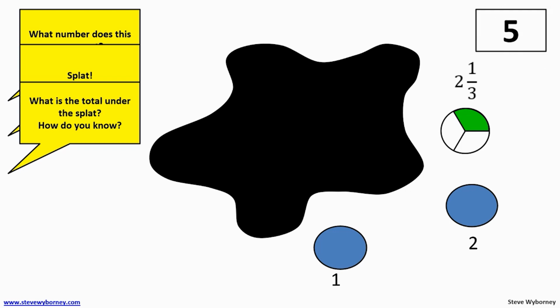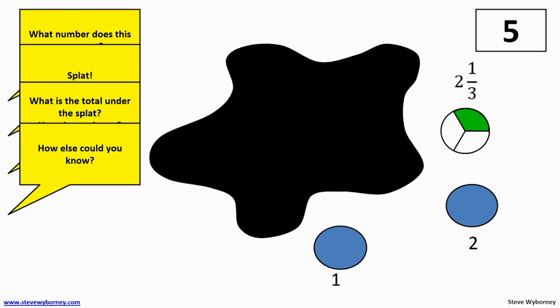So how many are under the splat? Use your communicator skills to explain or justify your answer, either by explaining it to someone near you or by writing it down. If you know how many are under the splat, can you think of a different way to think of the splat?